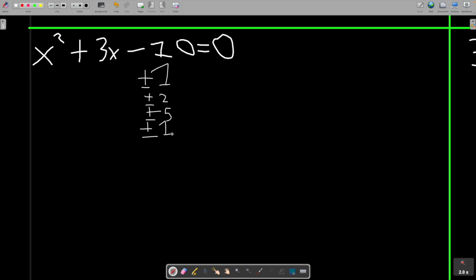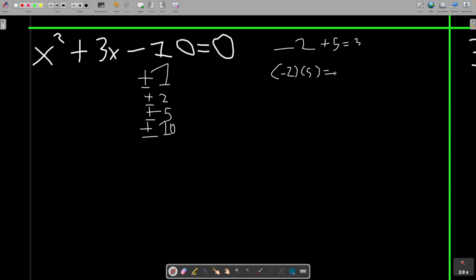Now 1 and 10, we don't really need those. 2 and 5 might work. So let's try negative 2 and positive 5. Negative 2 plus 5 does equal 3 indeed. And negative 2 times 5 does equal negative 10.